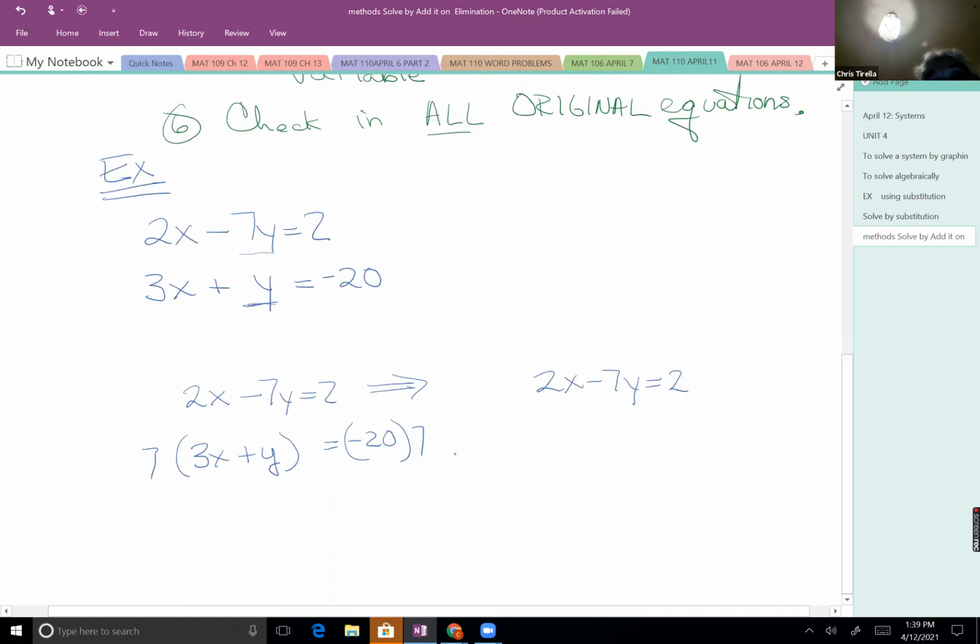Because when I do that, that gives me 21x plus 7y equals negative 140. And you see why I chose that 7 is because now these coefficients are opposites. One's positive 7, one's negative 7.